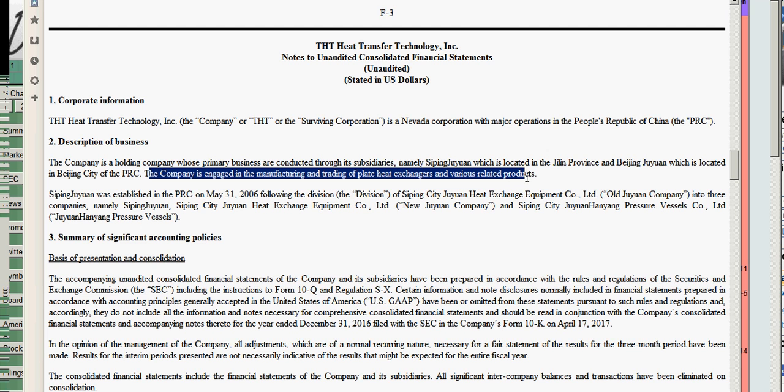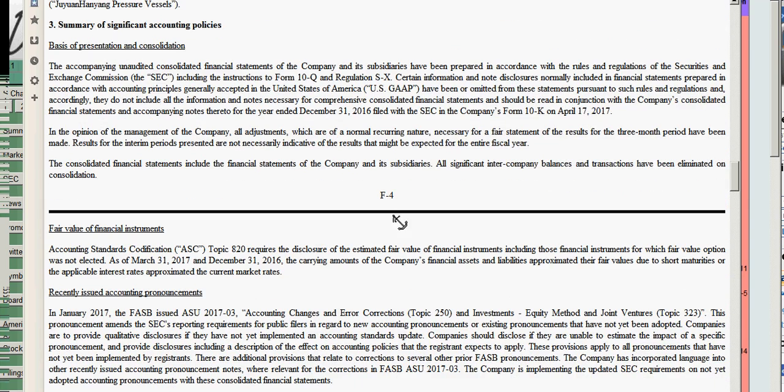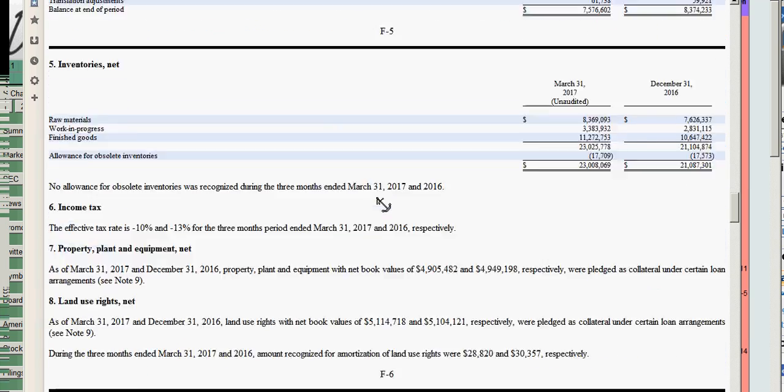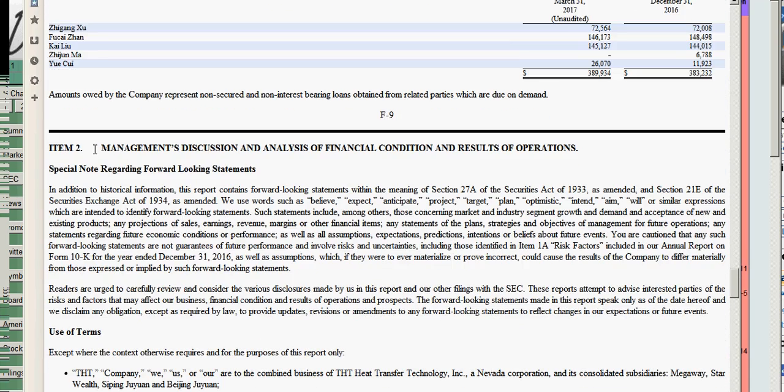Now there's one last item that you might want to look at, and it's called management's discussion. You can either search for it in your browser or just scroll down until you find it, and here it is right here. Item 2, Management's Discussion and Analysis of Financial Condition and Results of Operations.